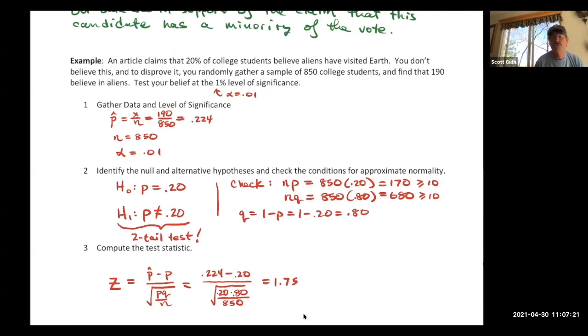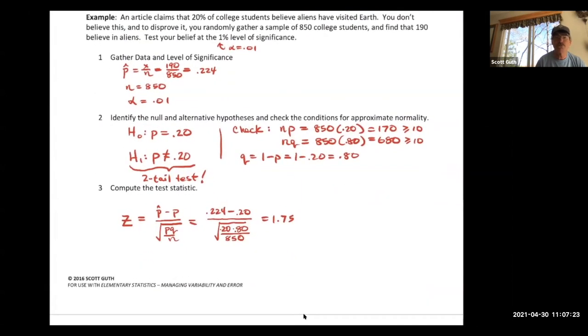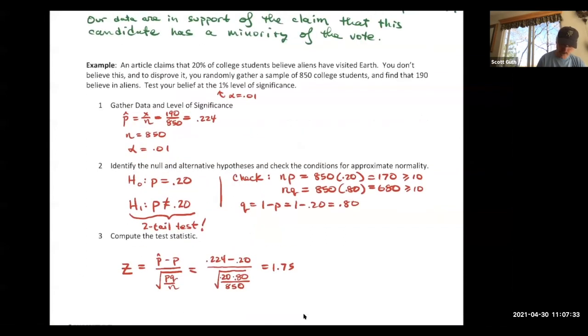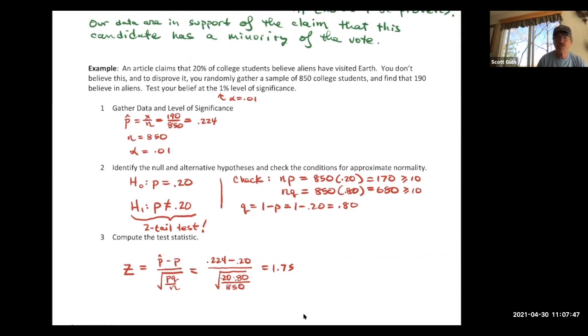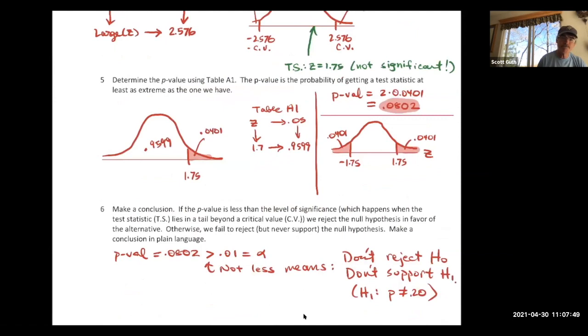You can't disprove it. Now, it doesn't prove it is 20%. Please be careful. Just because 20% is within the margin of error, you still don't know what the population proportion is, and you will never know until you survey every single college student out there, and nobody's going to do that. So you still don't know what it is, but we can't say it's not 20%. It could be. Okay, any questions there?